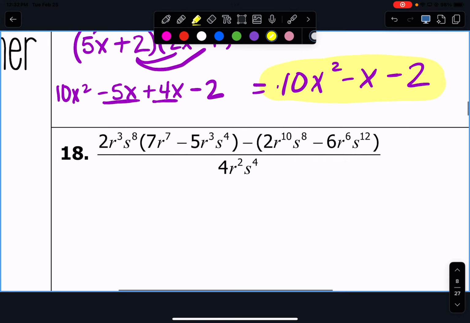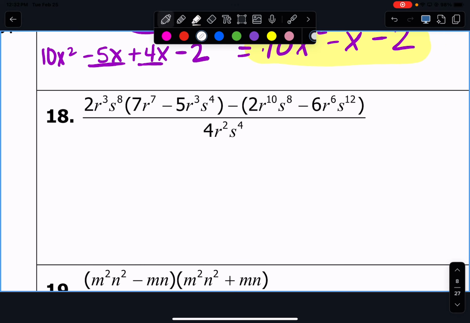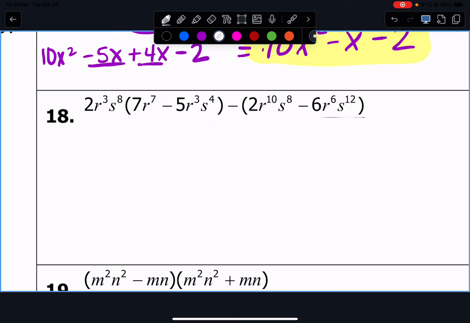Now, number 18. Okay? For just a second, think about this problem as if it did not have a denominator. What would I do first? Distribute. So I'm going to distribute this part. What is 2 times 7? 14. So we get 14 R to the 10, S to the 8.